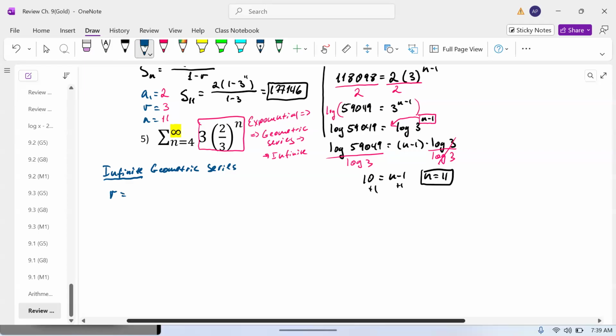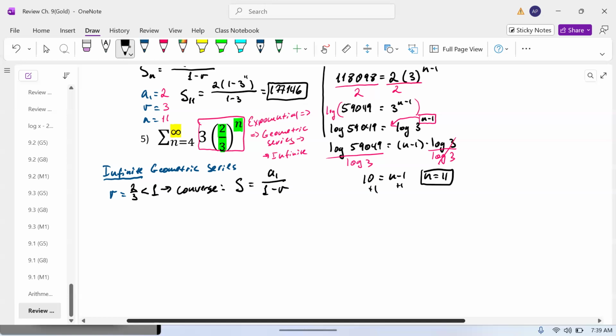Because if r is greater than 1, then the series diverges and there is nothing that we need to do there. Our r is always the base of the exponent. So our exponent is n, and therefore the base is 2/3. So our r is 2/3. Now 2/3 is clearly less than 1, and since our r in the infinite series is less than 1, the series converges. And converge means that it does approach some value, therefore we can find the sum using this formula.